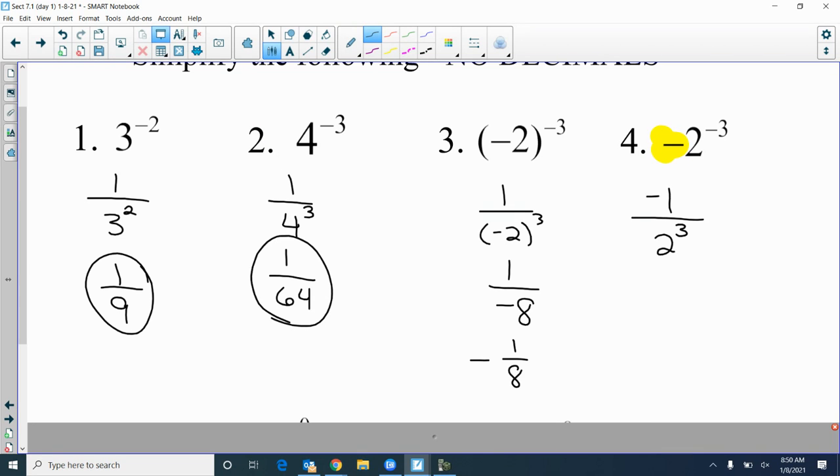I leave a 1 here with the negative on top. Okay? That negative doesn't go with the power because it's not in parentheses. What is 2 to the third power? 2 to the third power is 8. That negative is not affected, so it's still going to be -1/8.